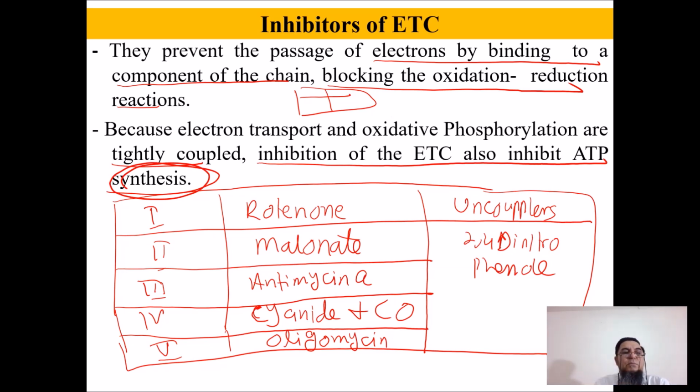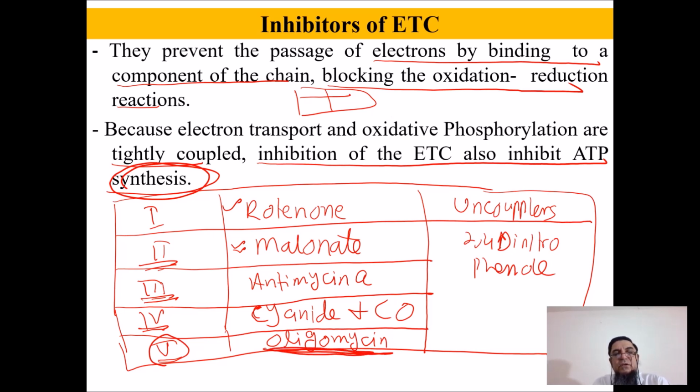For example, complex 1 is blocked by rotenone, complex 2 is blocked by malonate, complex 3 is blocked by antimycin A, complex 4 is blocked by cyanide and carbon monoxide, and complex 5, ATP synthase, is inhibited by oligomycin.